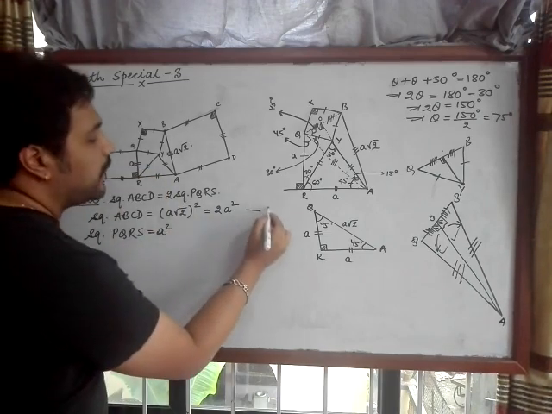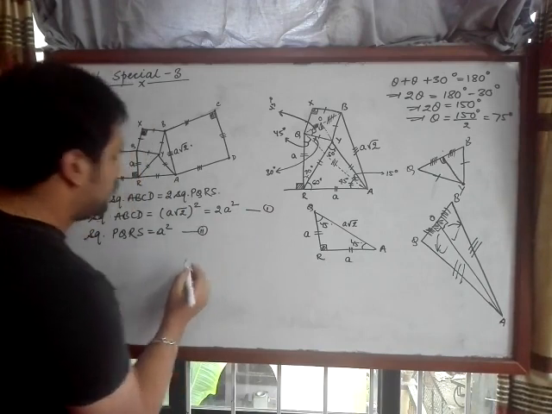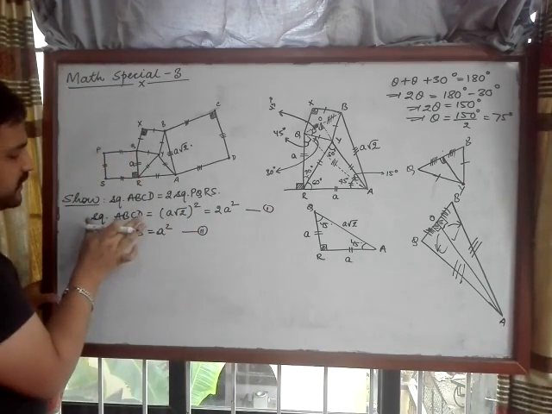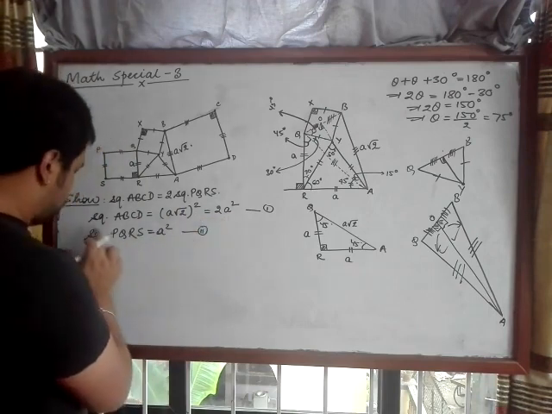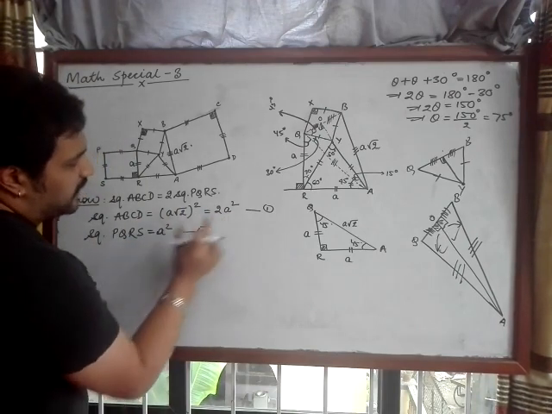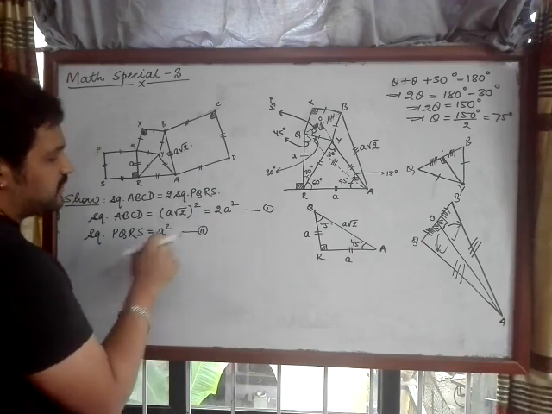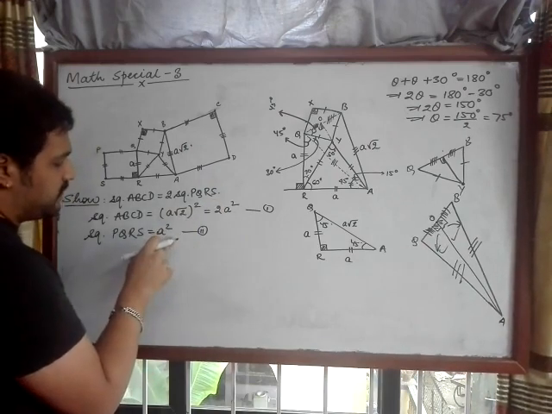Now from 1 and 2, we can divide since none of these numbers are zero: the area is positive, the side is positive, so there is no chance that these are zeros.